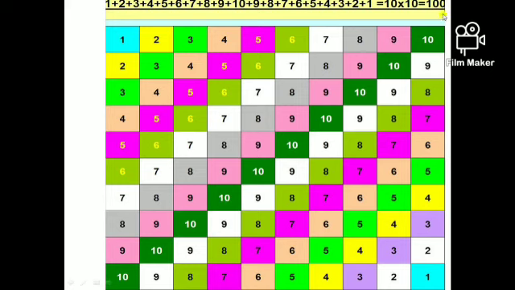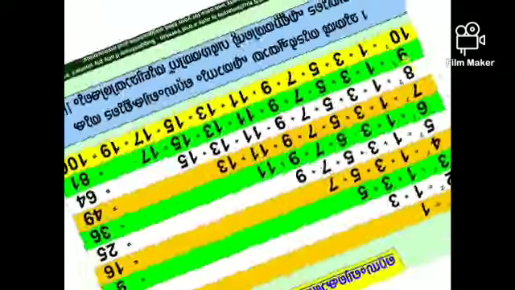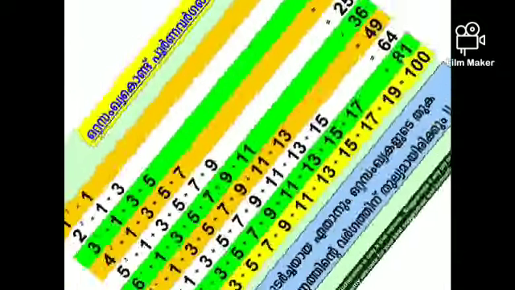The answer is 100. Root of 100 is 10. That's all about this first chart. This was the first worksheet. Now let's come to the next worksheet, the second one. Here, what can you see?